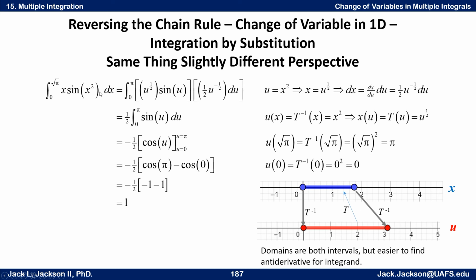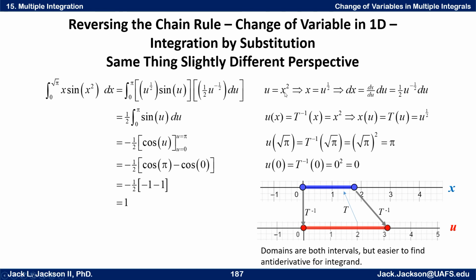Again, we make exactly the same substitution, u equals x squared, but this time I want to notice that on the interval from 0 to square root of pi, the function u equals x squared is one-to-one, so it has an inverse function as well.